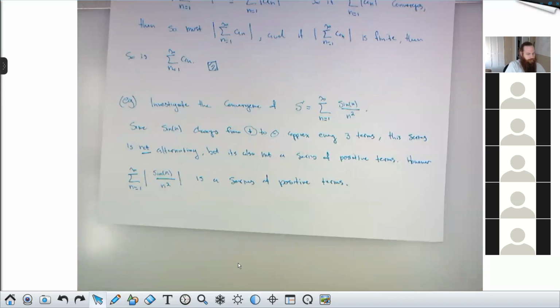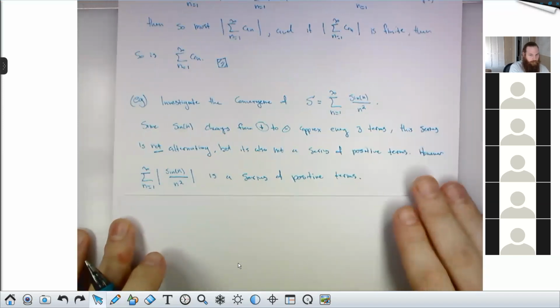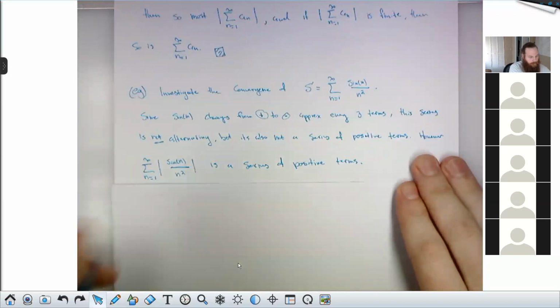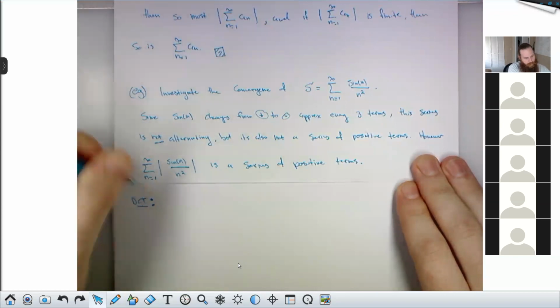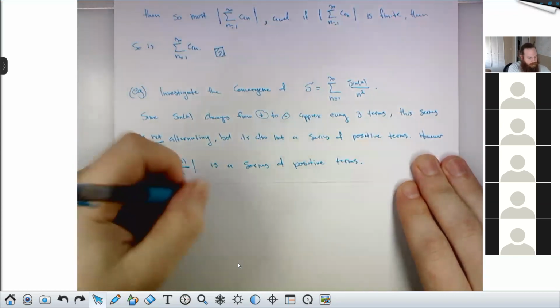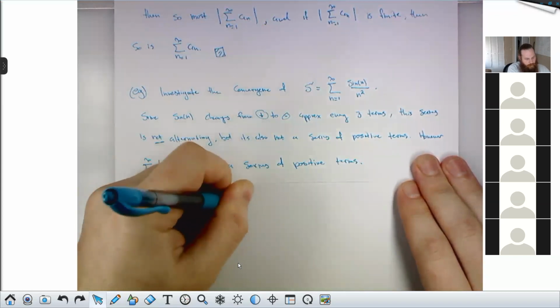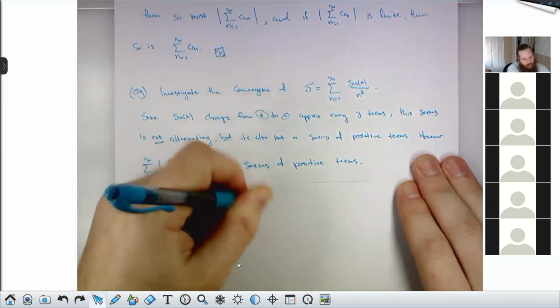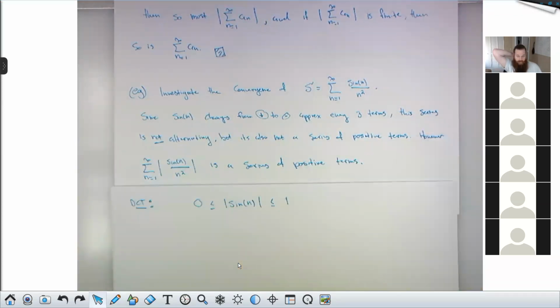So now, I know that 0 is less than or equal to the absolute value of sine n is less than or equal to 1, right? Sine itself is bounded between -1 and 1, so its absolute value is bounded between 0 and 1.